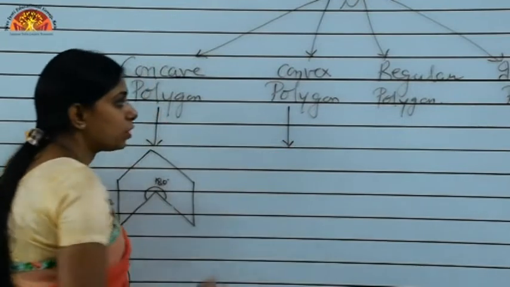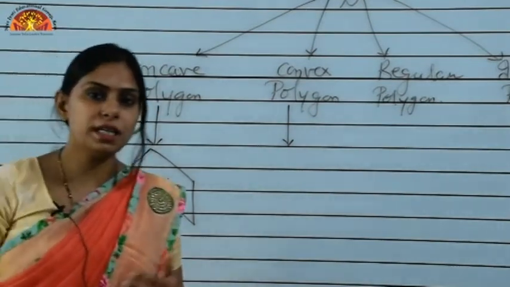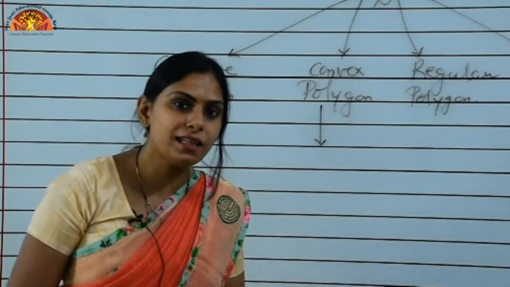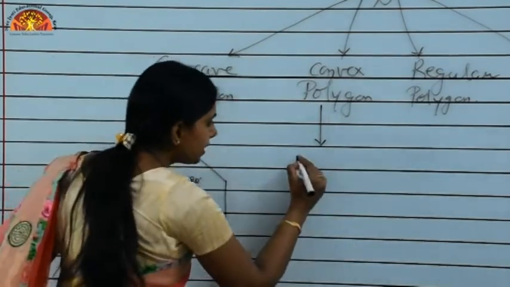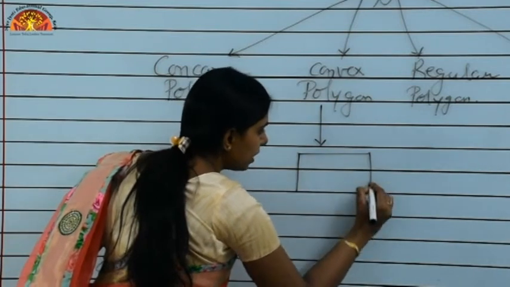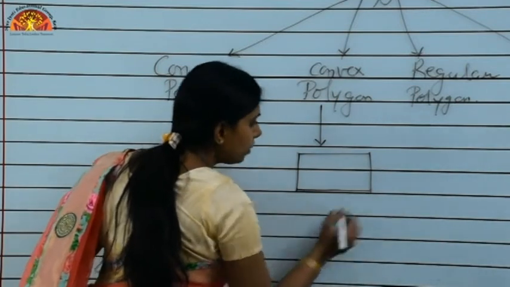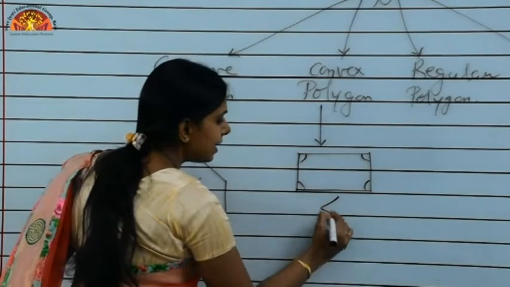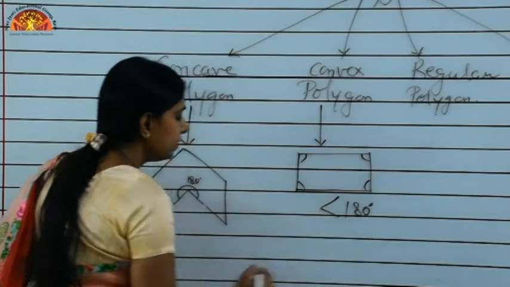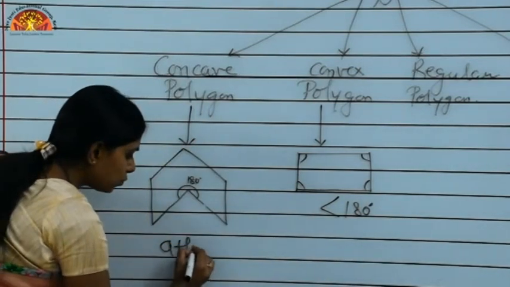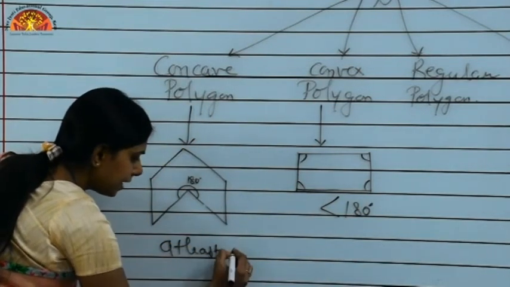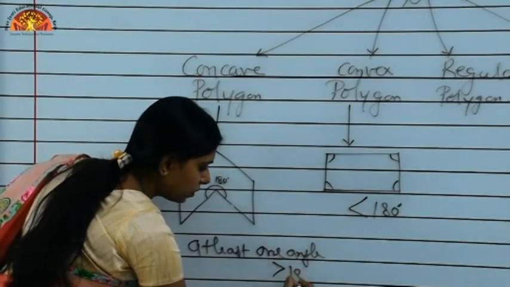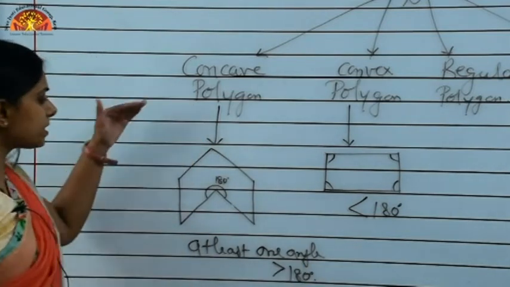Now just come to the convex polygon. What is a convex polygon? A convex polygon is a polygon in which all the angles are less than 180 degrees. So let's draw it. Here it is at least one angle greater than 180 degrees, so what is a concave polygon?